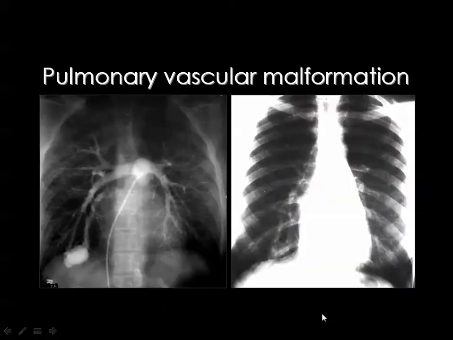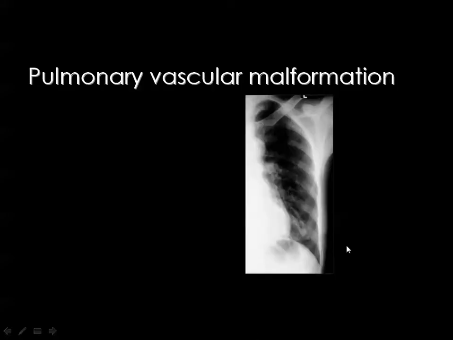In the era before CT and MRI, the only way to confirm the diagnosis of an arteriovenous malformation was to insert a catheter in the pulmonary artery via the left or right femoral vein. Then you inject contrast material into the pulmonary artery, and you are able to see the feeding artery, the AVM, and the draining vein.